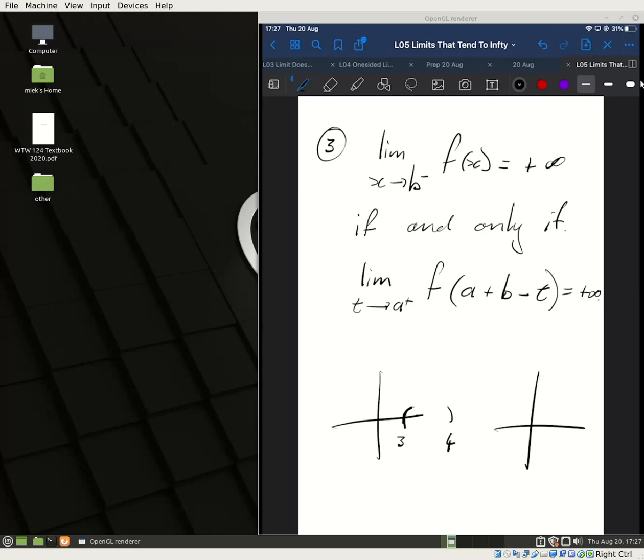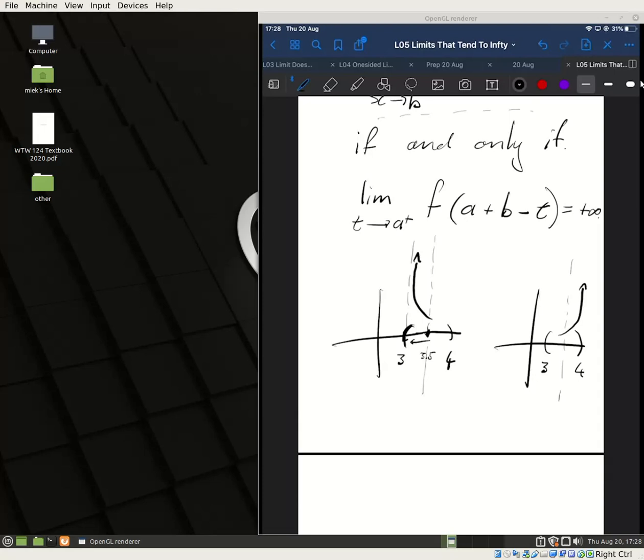This says if the function tends to plus infinity as x tends to 3 from the left, that is the same as saying if you reflect this function around the halfway point here at 3.5, so if you reflect the function around this symmetry axis, then of course the function is reflected, and then the limit as you tend to 4 from the right tends to infinity.